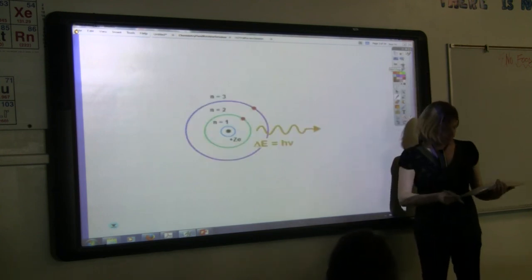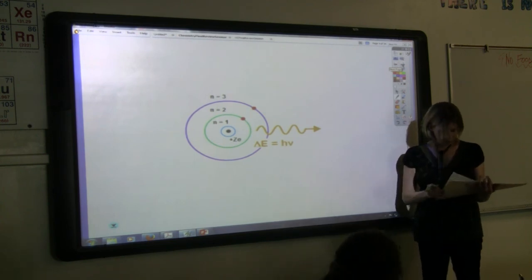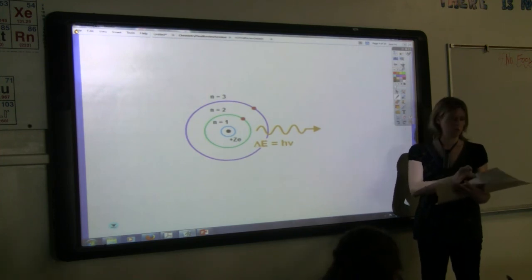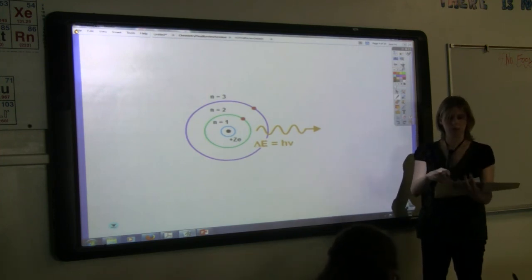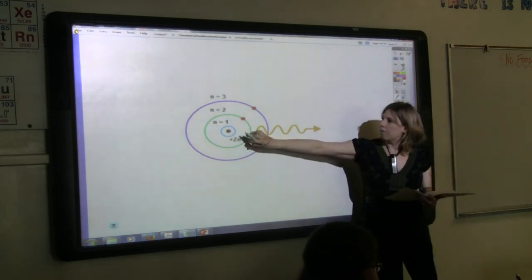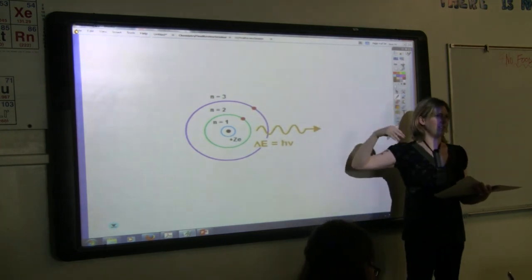Alright, next thing we're going to look at is wavelength and how the energy goes with this. So this is a Bohr model. And each ring is our principal quantum number, so our levels.